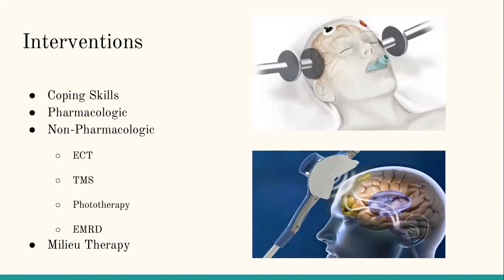There are such things as maladaptive coping skills, and these are coping skills that are not beneficial to the patient, or they may cause more harm than good. So, examples of this would be things like smoking, excessive substance use, or alcohol use. And then there are different coping skills that may be good for one patient, but maladaptive for another patient.